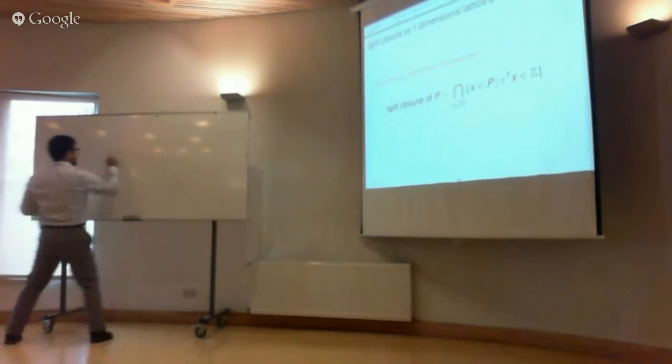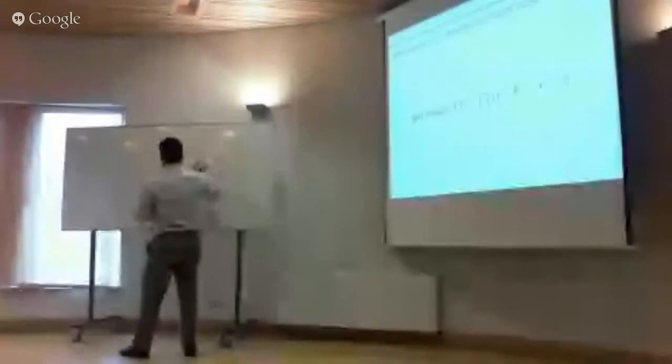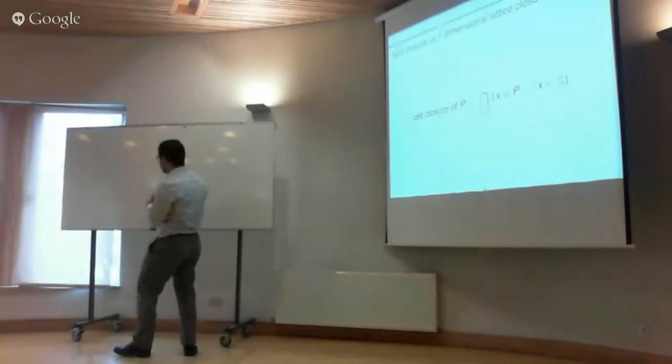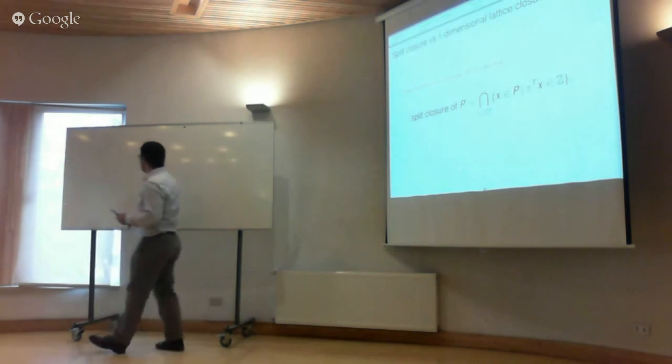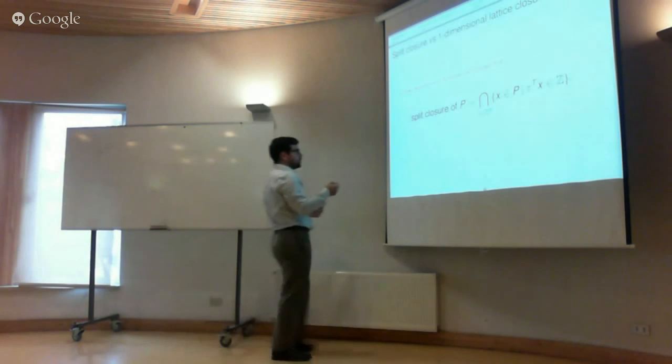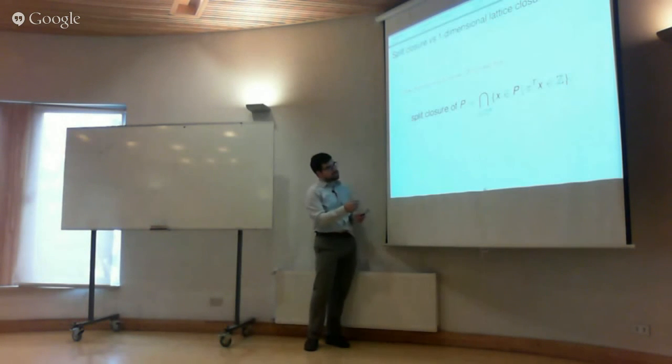So you have your P. And before you were considering valid inequalities for this. So you remove a split set from P, right? And this is the split closure. And now you're intersecting P with all points so that this hyperplane has integral height in some sense.